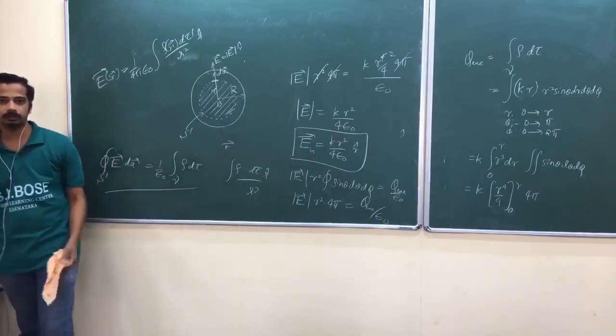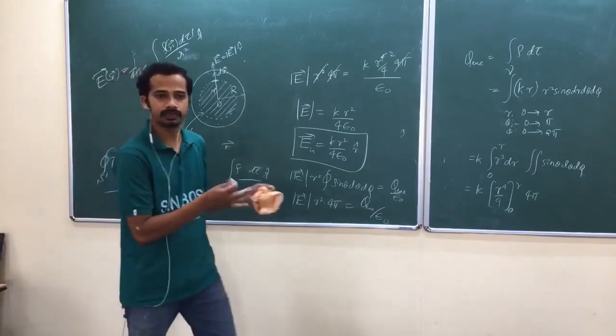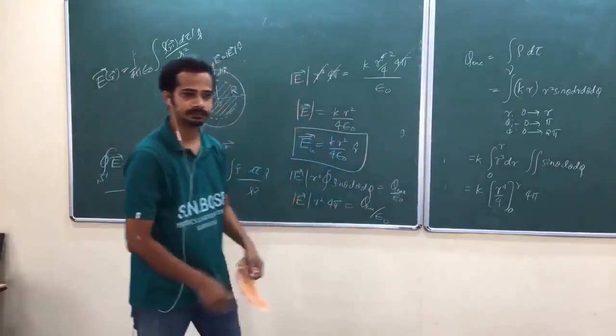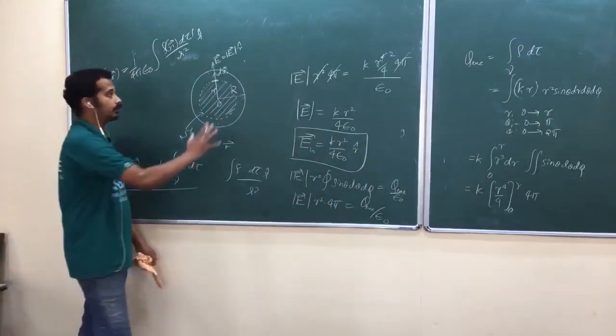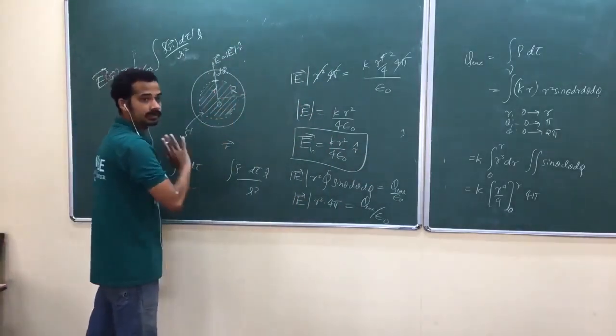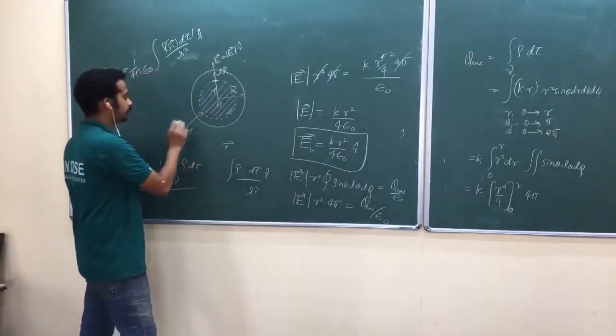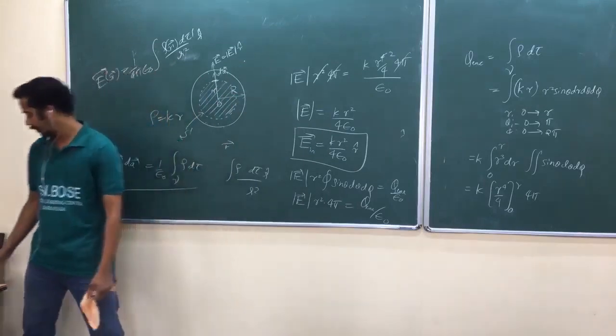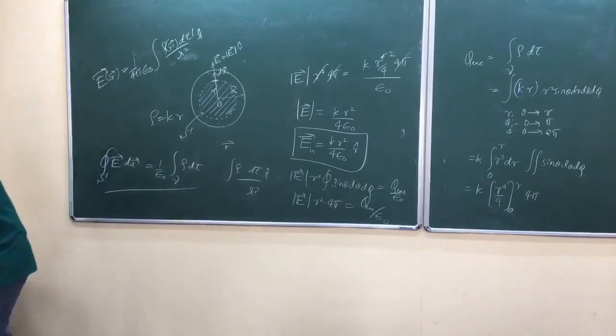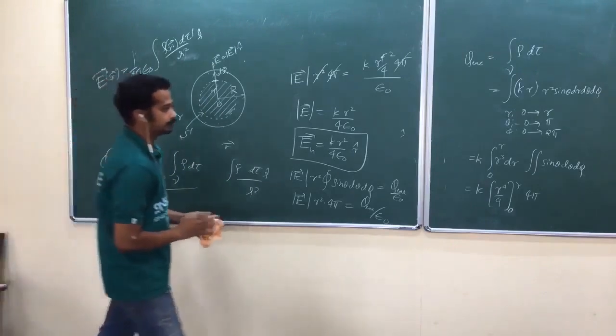In that problem, we will get the idea of how to find charge within some region. But be careful, outside this sphere there is no charge. Inside the sphere, your charge density varies like K into r. Okay. Now, quickly let me go to the cylindrical symmetry problem.